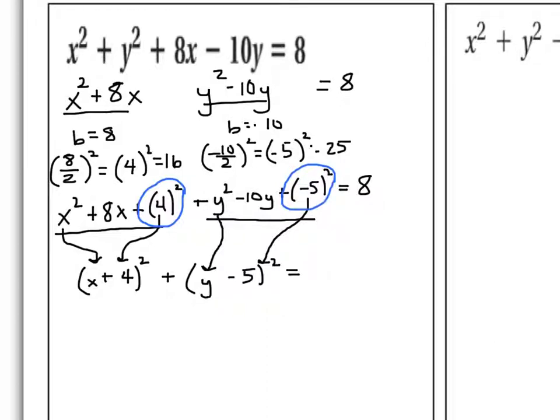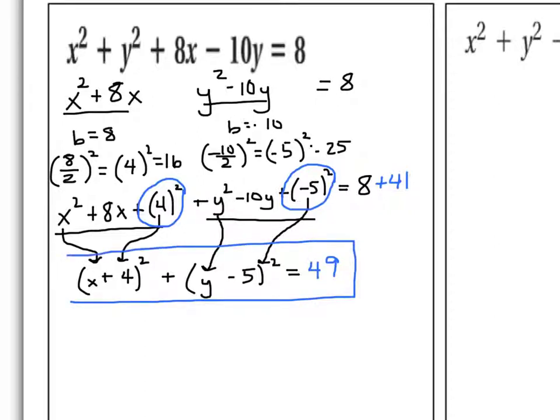If I add 41 to the left, I have to add 41 to the right. So now this becomes 49, not 8 anymore. Okay? So now, as you look at this equation, this is the standard form of a circle. The center is negative 4, 5, and the radius is 7.